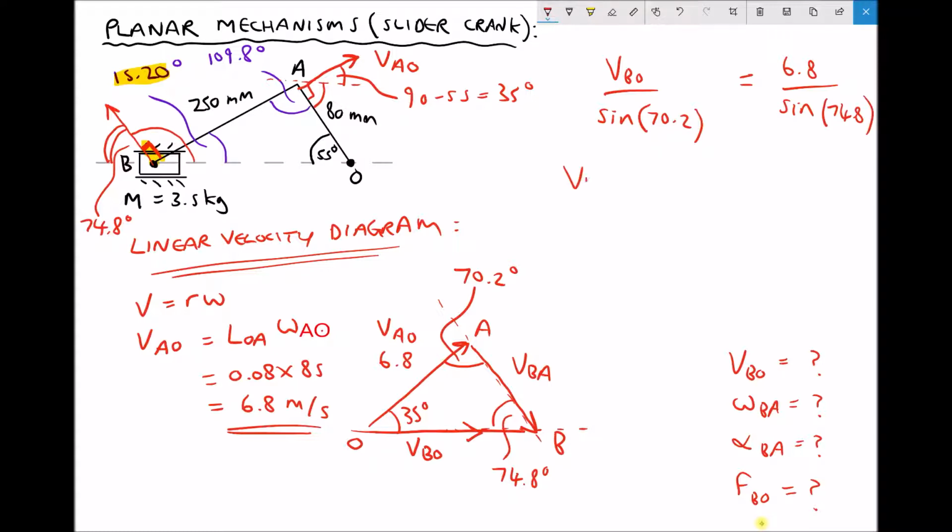Therefore, VBO equals 6.8 times sine 70.2 over sine 74.8. Giving us a value of VBO equal to 6.63 meters per second.